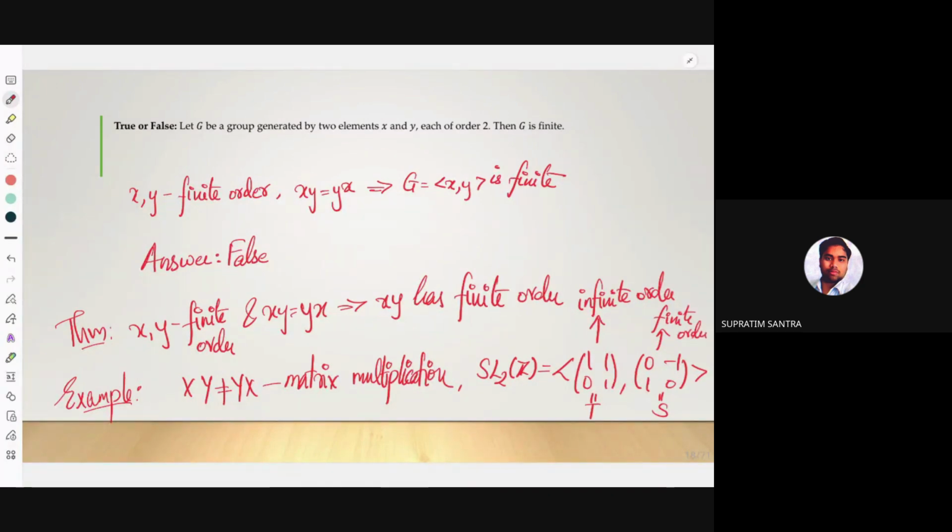You can do some combinations of T and S to get another element of finite order, and then work it out: SL2Z will be generated by two elements of finite order, but the order of the group is infinite. So the answer is false.